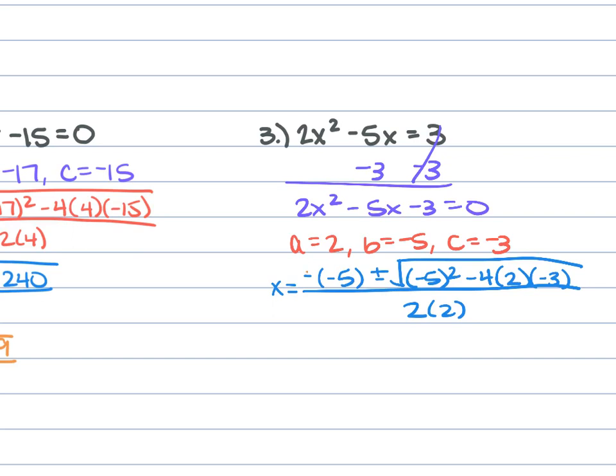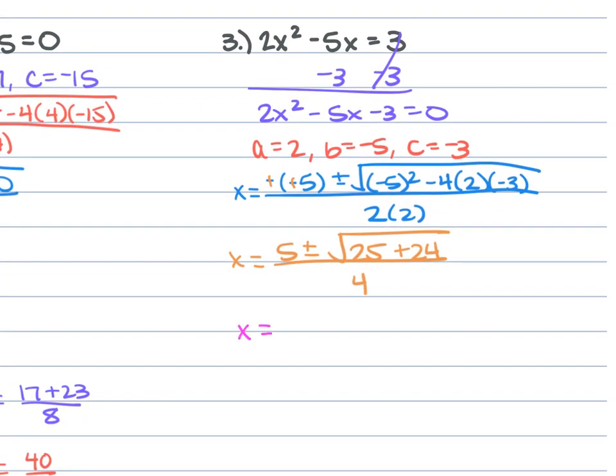So these two negatives are going to turn to be positives. So x is equal to a positive 5, plus or minus the square root of negative 5 squared is 25. Negative 4 times 2 is negative 8, times negative 3 is a positive 24, all over 4. So x is equal to 5 plus or minus the square root of 49 over 4.